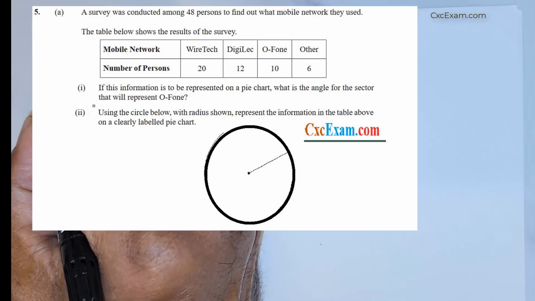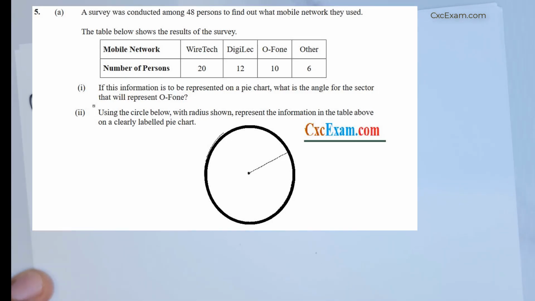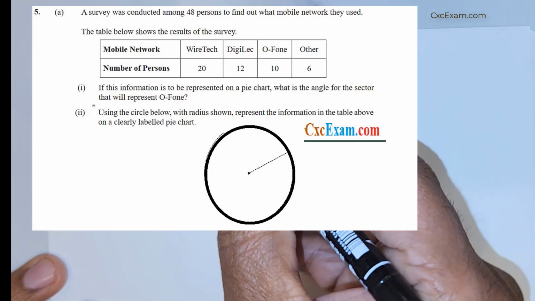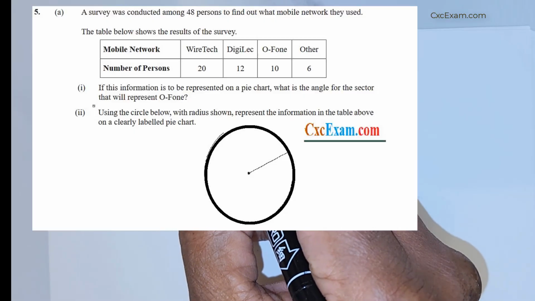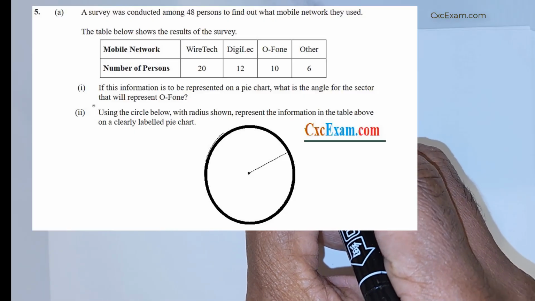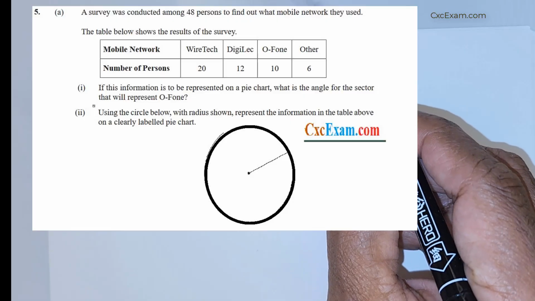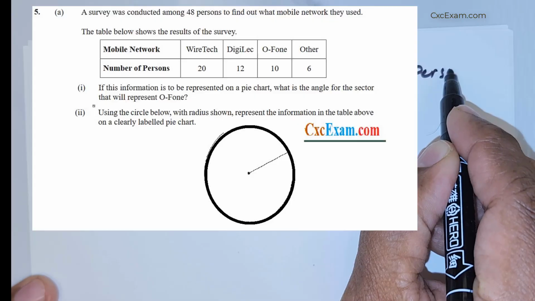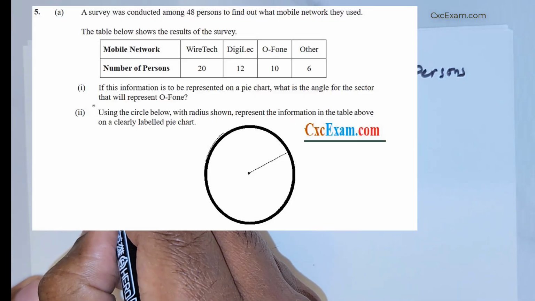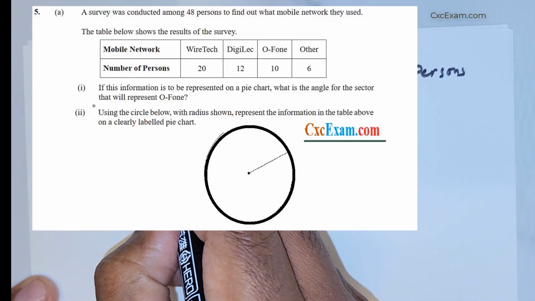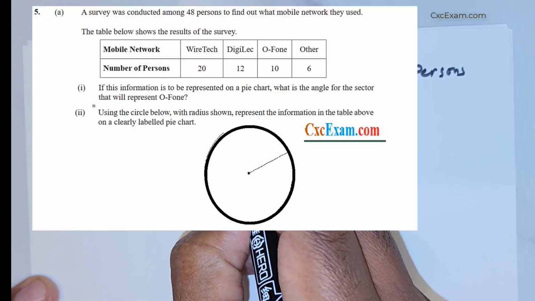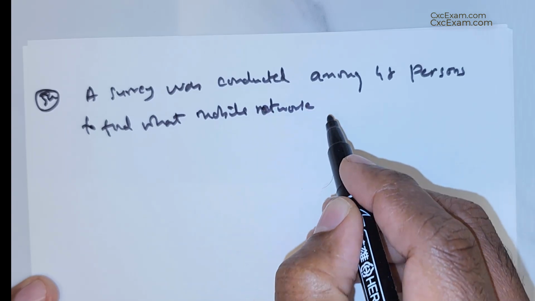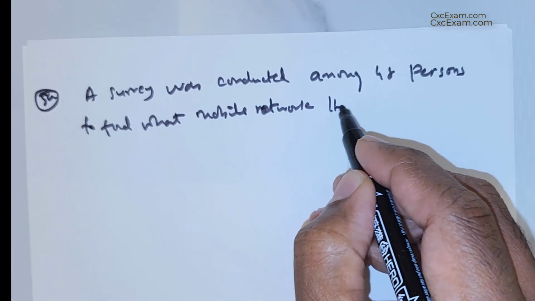Next question, 5a. Let me write the question down. A survey was conducted among 48 persons to find what mobile network they used.